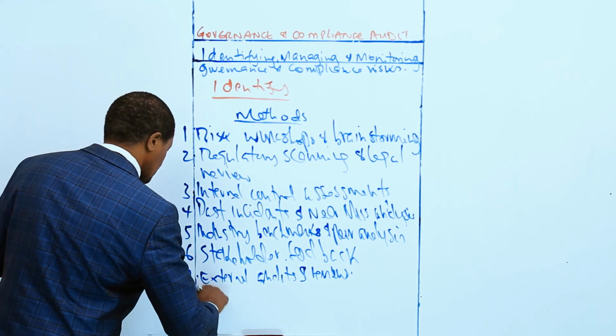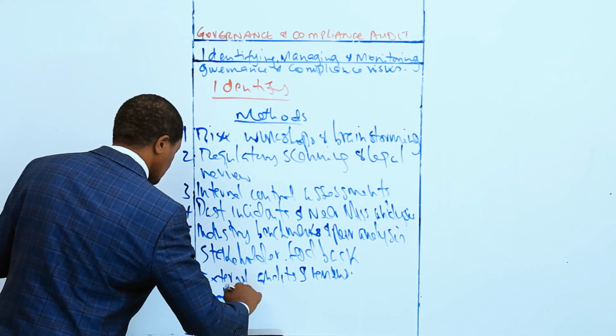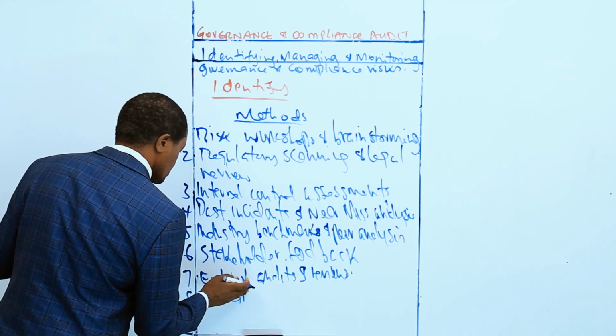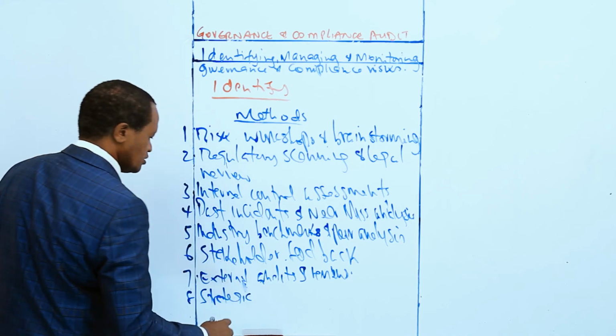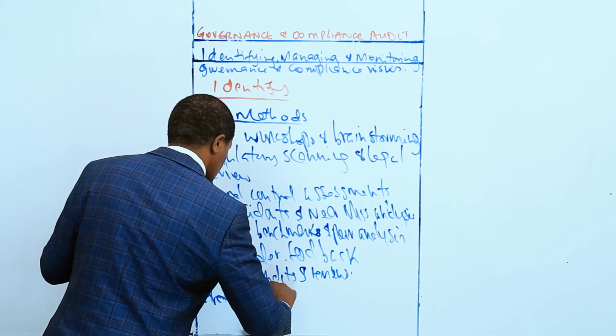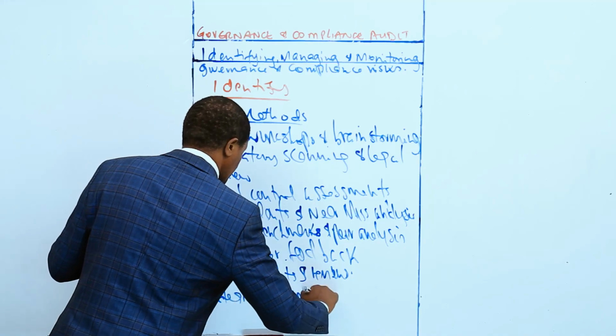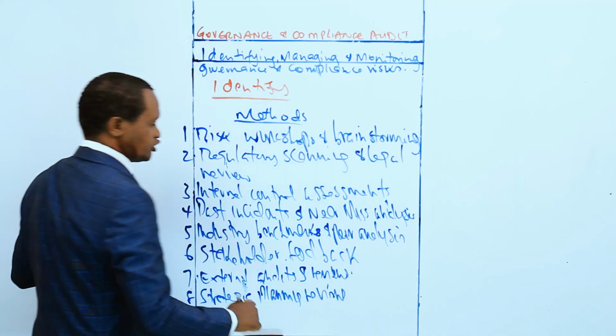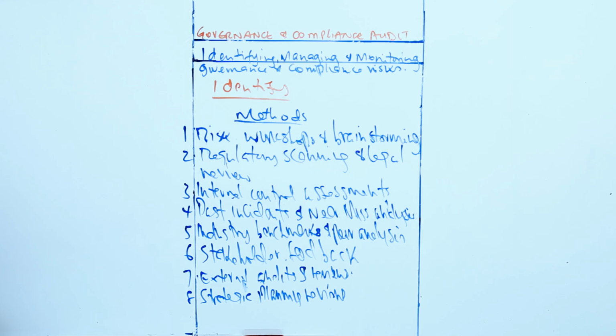8, strategic planning reviews. Strategic plan reviews. For example, analyzing new business initiatives, new products, and new markets for the inherent governance and compliance risks.